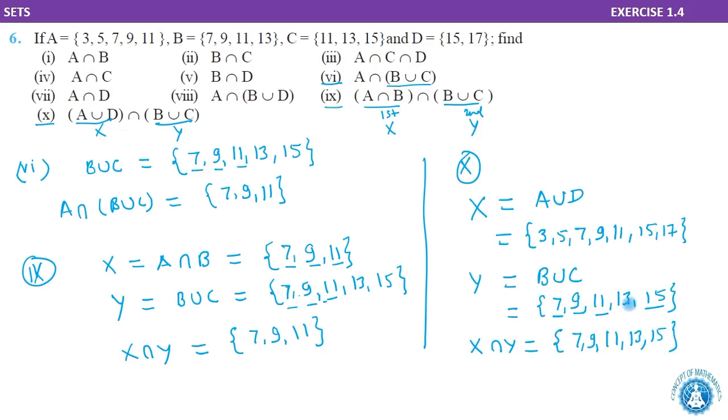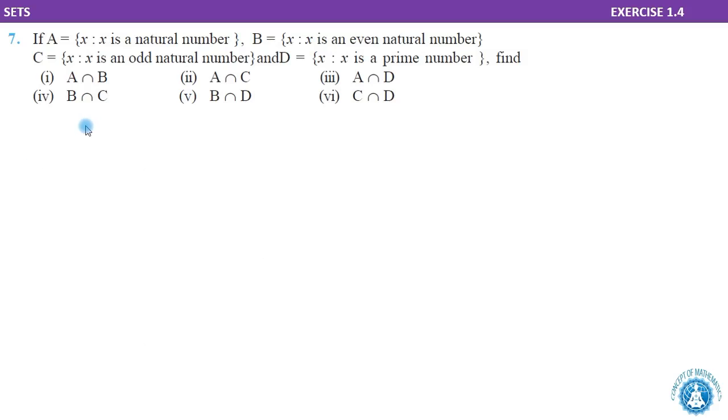Sorry, 13 is not there, we'll remove 13, right? 7, 9, 11 and 15. Correct? Now coming to the next question. Question number 7.